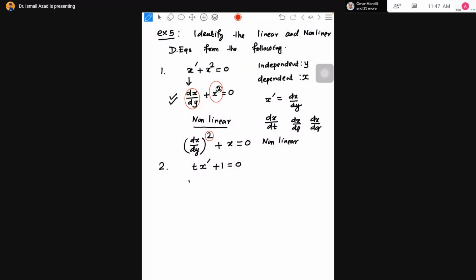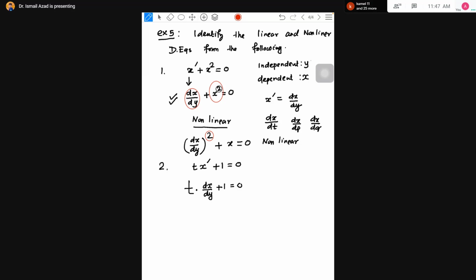So it is T multiply dx over dy plus 1 equal to 0, or not?